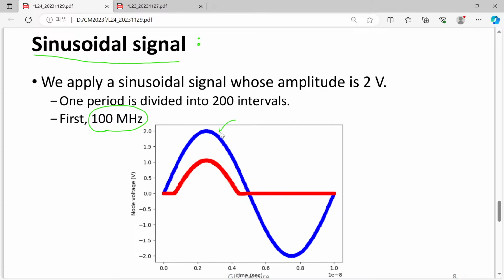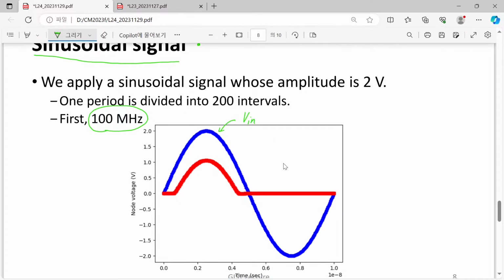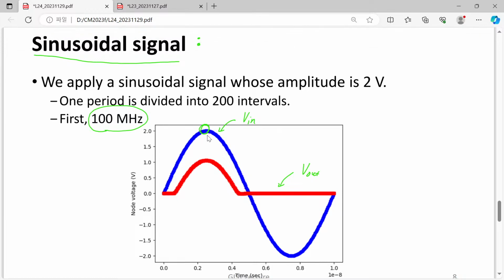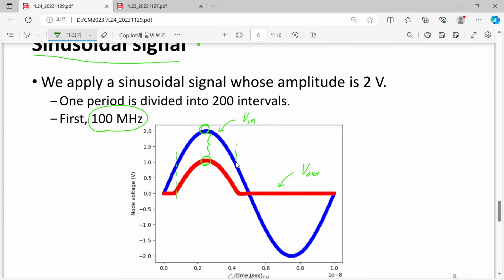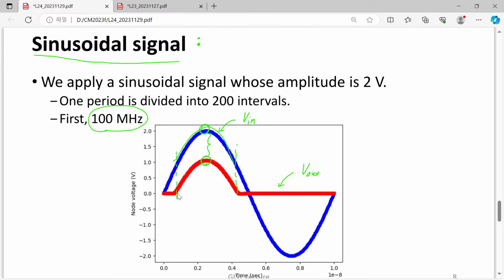Once again, this is the input voltage and this is the output voltage. If you have 2 volts with a certain offset voltage, you have just copied your input voltage. From here to there you can see the input is copied to the output.